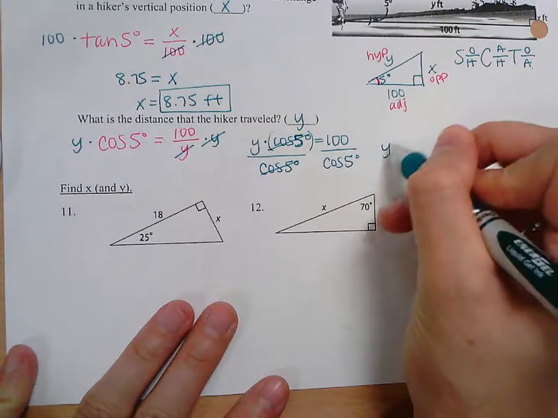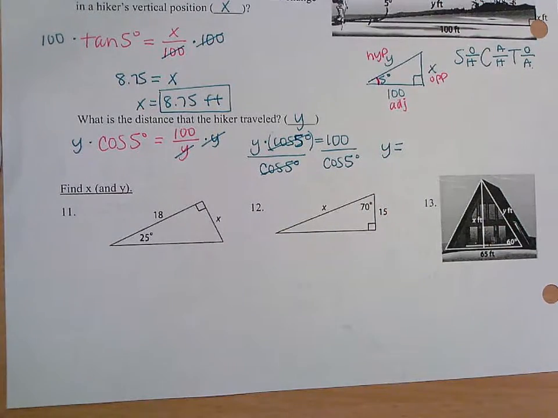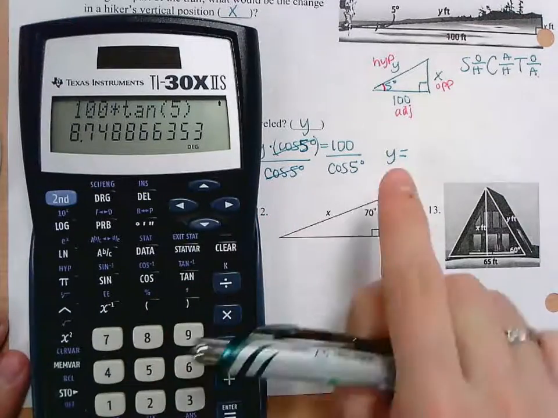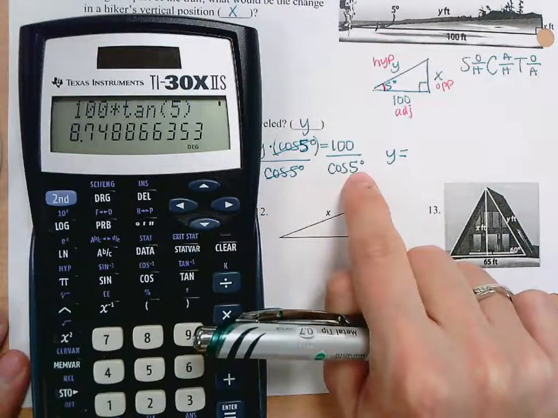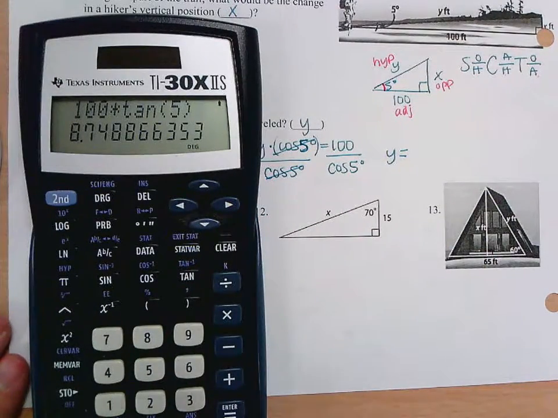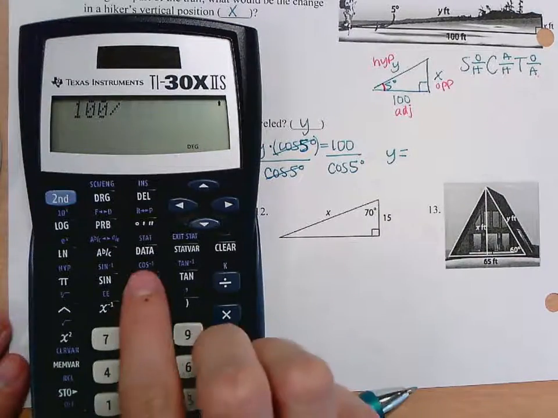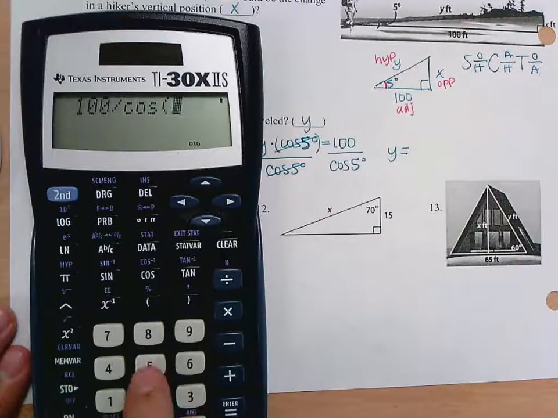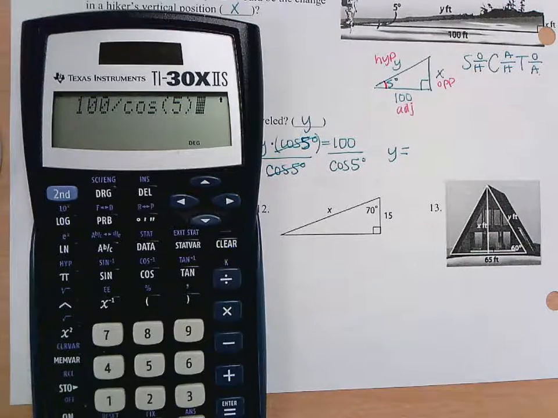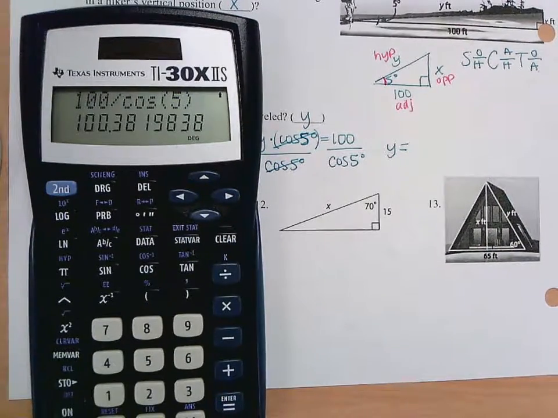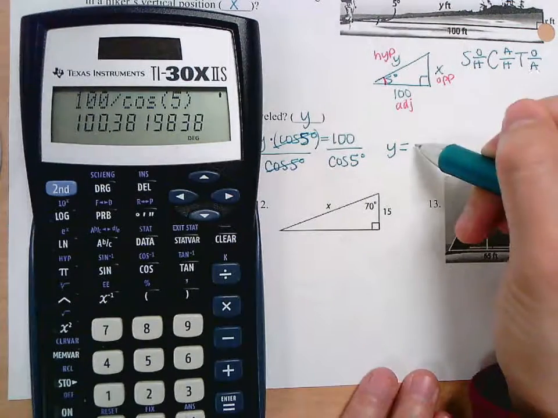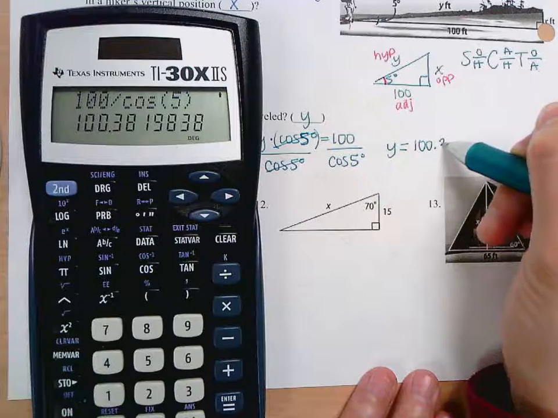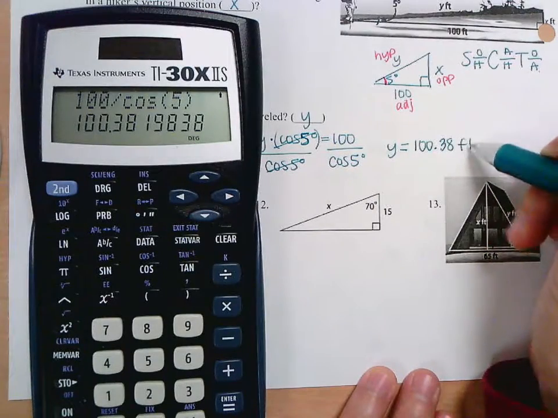Okay, so when I'm finding y, this is what I type into my calculator. I type in 100 divided by cosine of 5. And again, when I hit cosine, the 5, I need to make sure goes in the parentheses because that's my angle. Hit enter. So y is approximately 100.38. And that's also measured in feet.